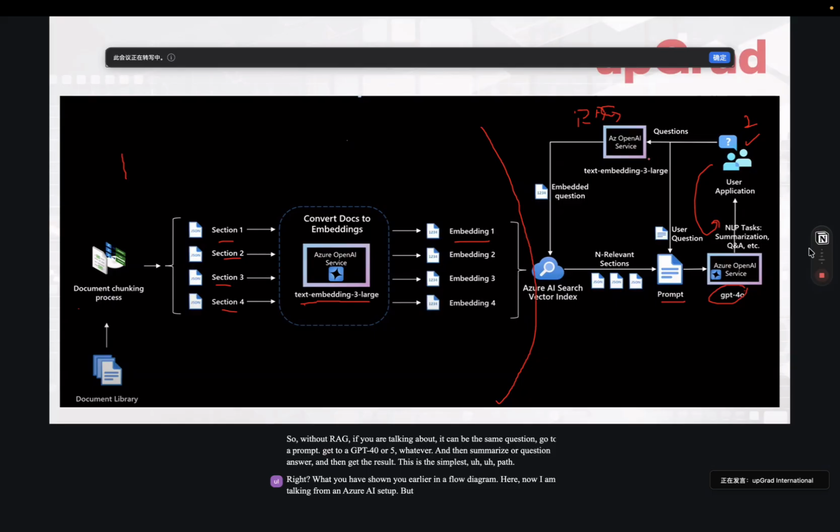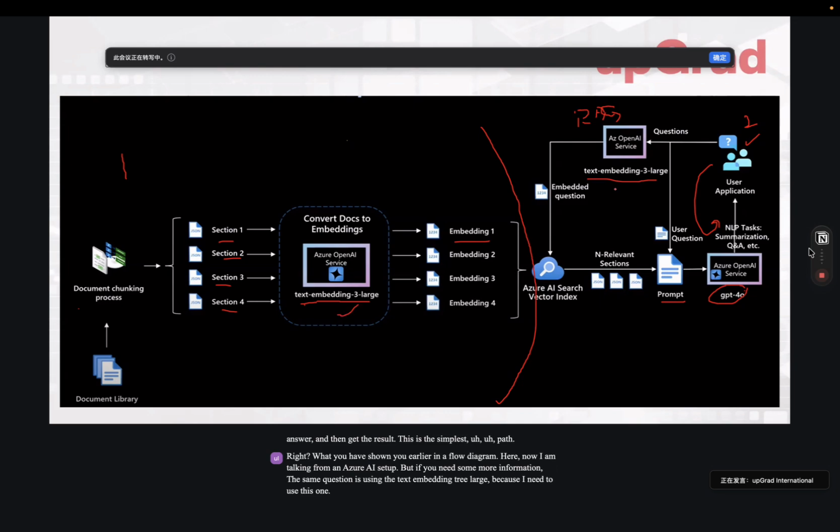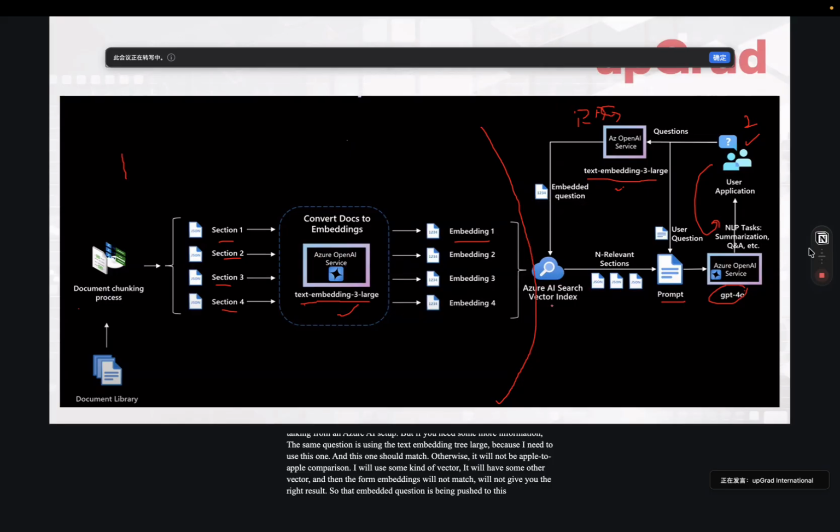But if you need some more information, the same question uses text-embedding-3-large, because this one and this one should match. Otherwise, it will not be an apples-to-apples comparison. I will use some kind of vector, it will have some other vector, and then the embedding formats will not match and will not give you the right result. So that embedded question is pushed to this Azure Search vector index.